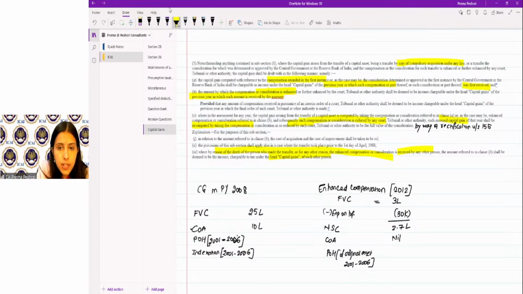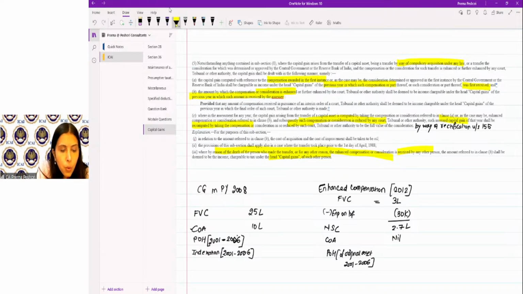Here, say, for example, my asset is transferred, right? So, I have transferred the asset in 2006, but the taxability is arising in the year 2008.